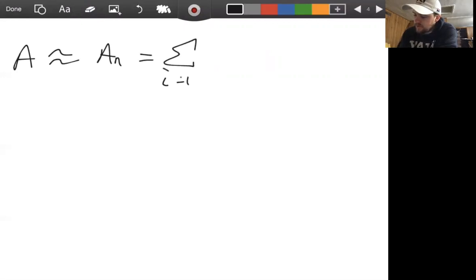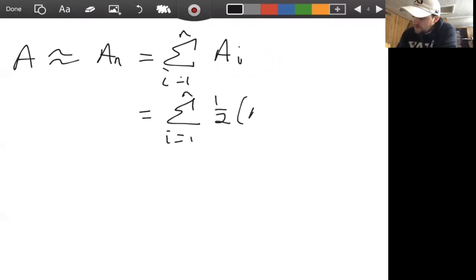So what's an approximation for the area? An approximation is to sum all of these up, and we'll call this a sub n. So I want to say total area is approximately equal to a sub n, which is the sum from i equals 1 to n of the area of each sector, which is the sum from i equals 1 to n of 1/2 delta theta f of theta i squared.